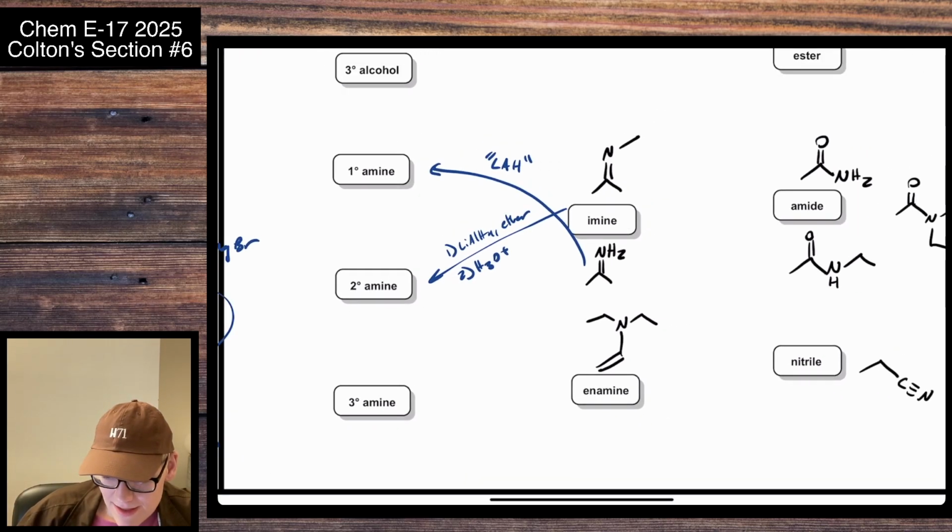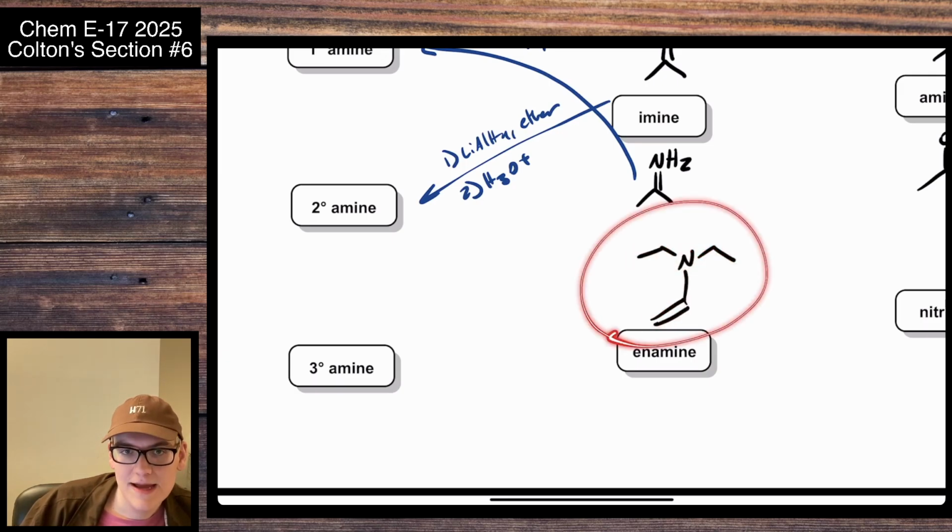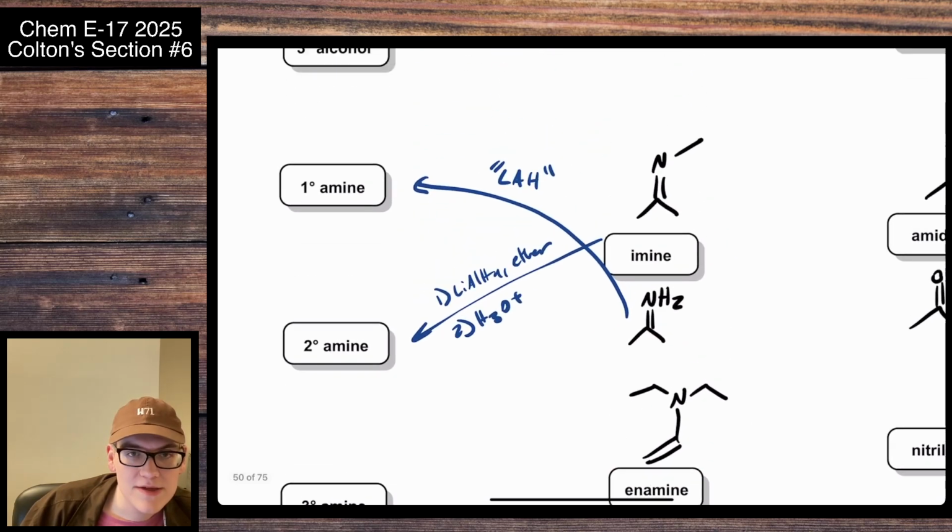Then if we have an enamine, we know that we're going to have an alkene, a nitrogen, and the nitrogen's going to have 2 other R groups on it. So we don't really have a straightforward way of reducing this down to just an amine. We can do a hydrolysis, and maybe that's another thing we can think about. So here, these are reductions, but we could also just sever this, right?